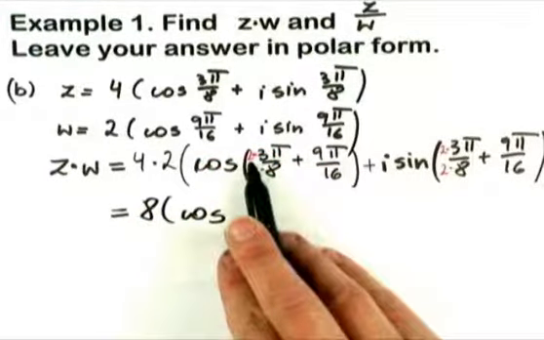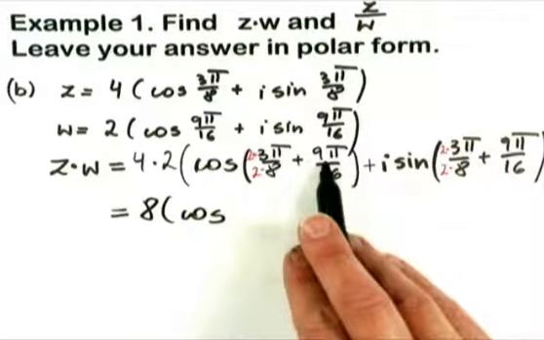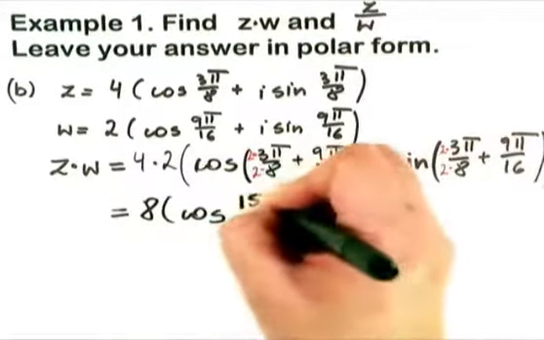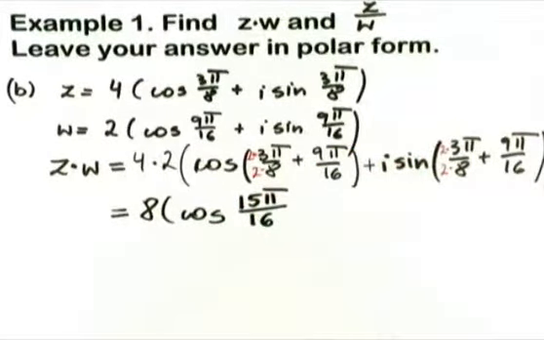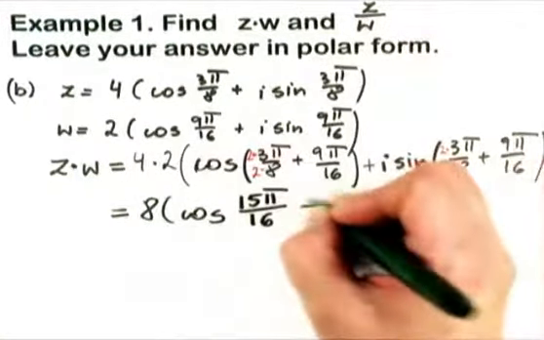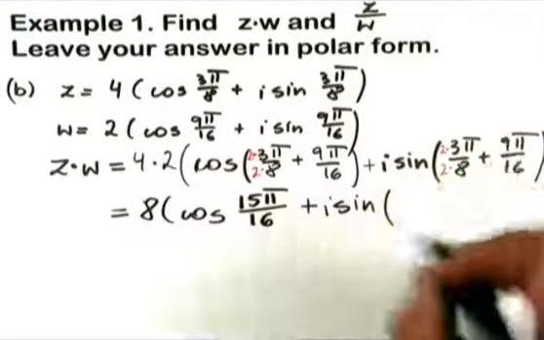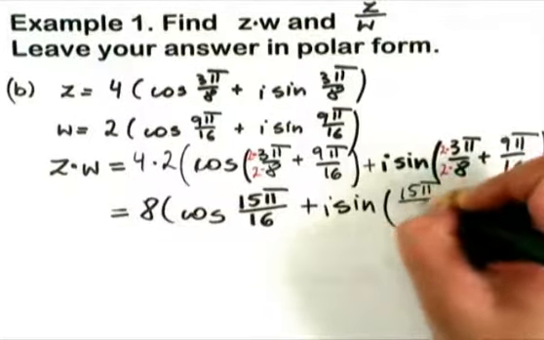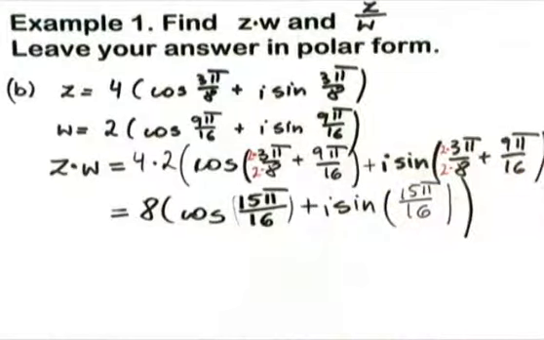Then we're going to have 2 times 3 is 6, plus 9. 6 plus 9 is 15 pi over 16, the common denominator. And then we have plus i sine, and the same story, 6 plus 9 is 15 pi over 16. We can keep the bracket or not necessarily. That's the product. Now we need to do the quotient, divide them.